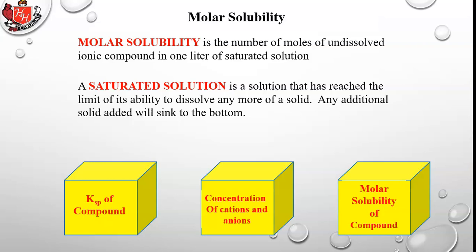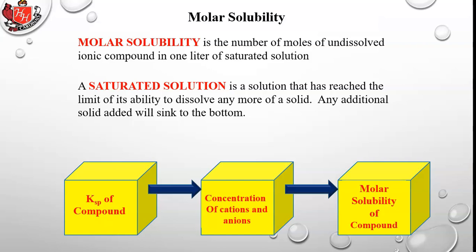So we can start with the Ksp, the solubility product of the compound, figure out the concentration of cations and anions, using a RICE table, and then from that figure out the molar solubility of the compound. Or we can go in the other direction, and we'll see examples of both of these.